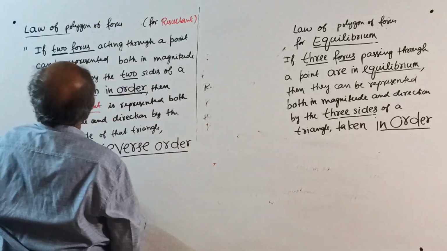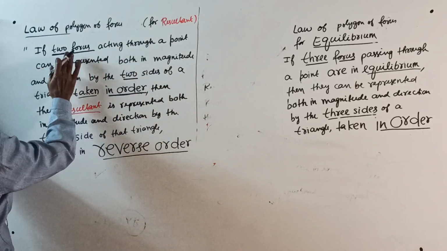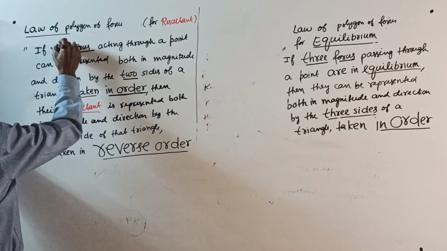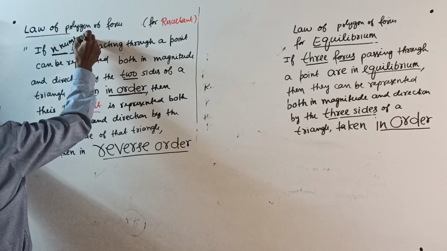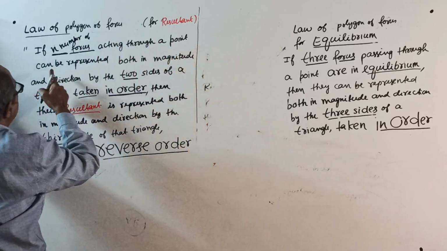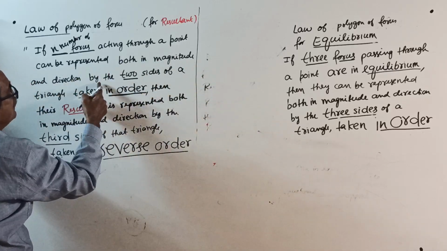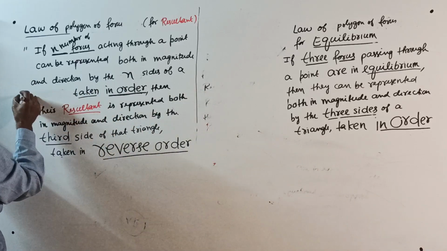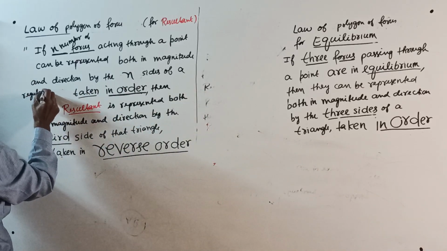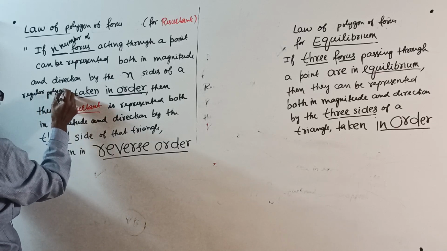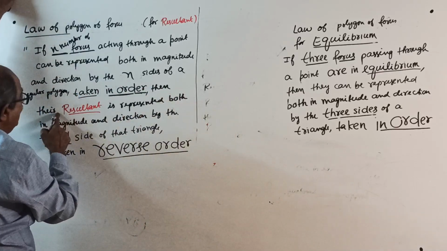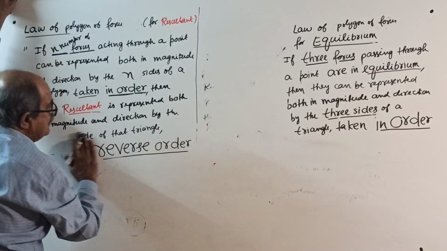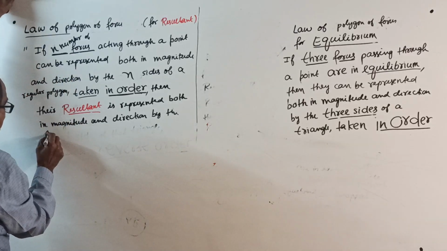Statement: if n number of forces acting through a point can be represented both in magnitude and direction by the n sides of a regular polygon taken in order, then the resultant is represented both in magnitude and direction by the last side.